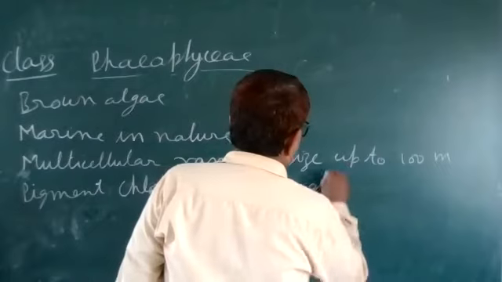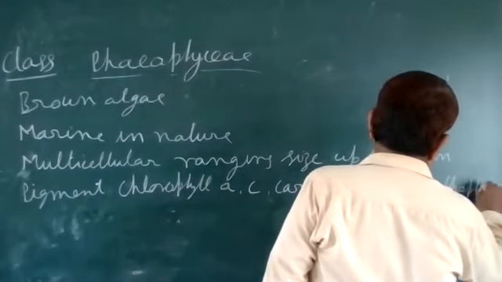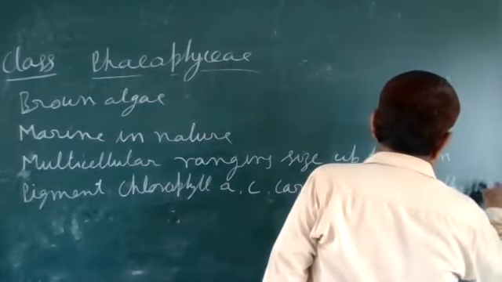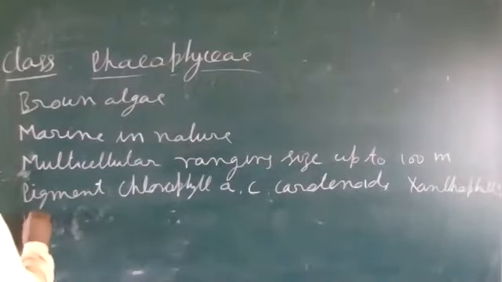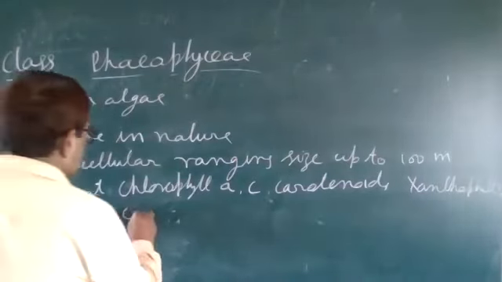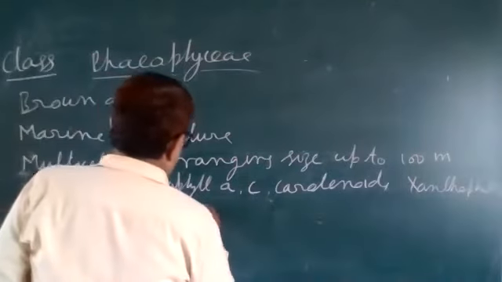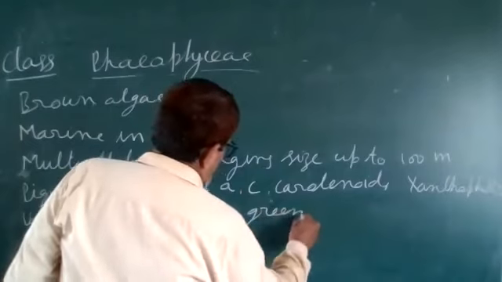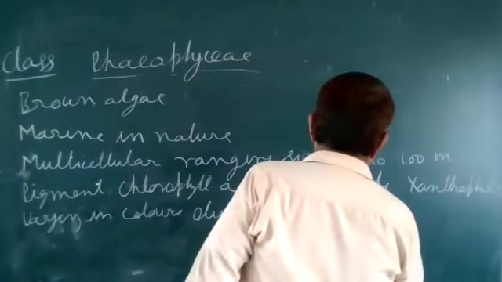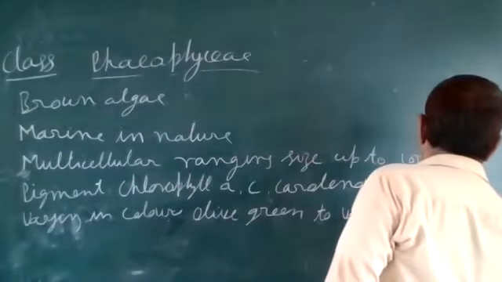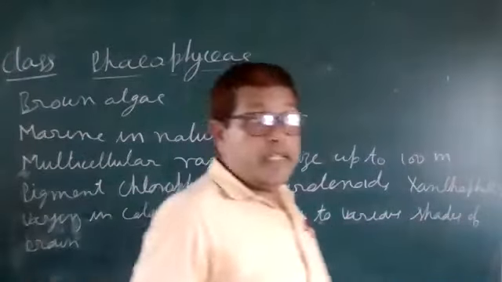They vary in color from olive green to various shades of brown. That is why they are called brown algae.